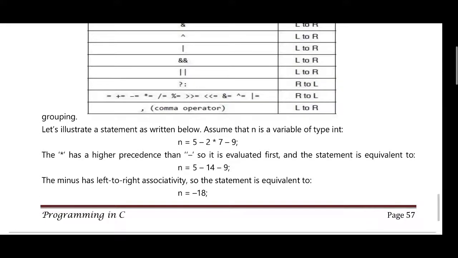Here n = 5 - 2 * 7 - 9. The * has higher precedence than -, so it is evaluated first, and the statement is equivalent to n = 5 - 14 - 9.